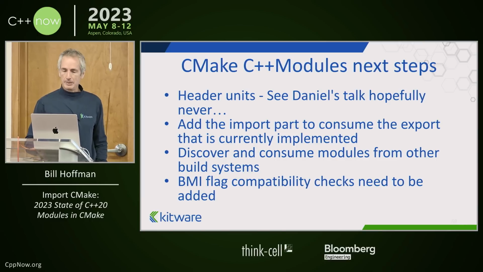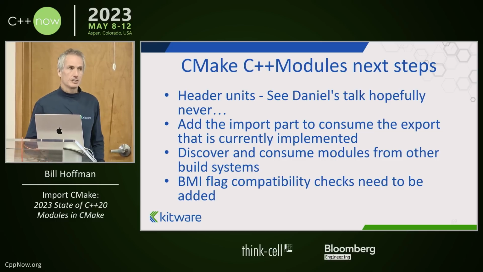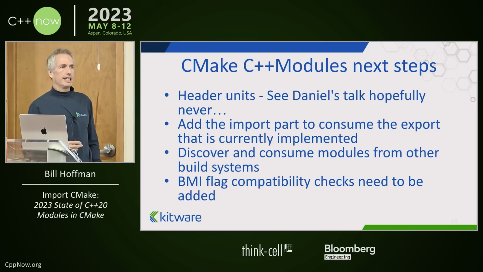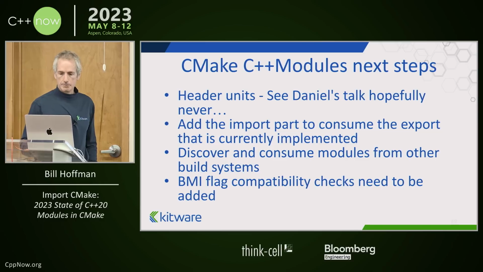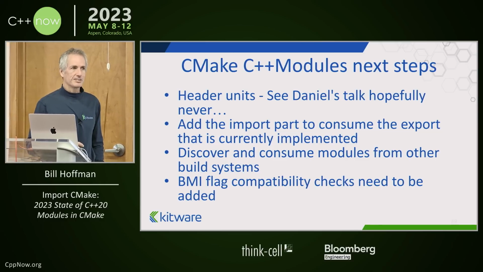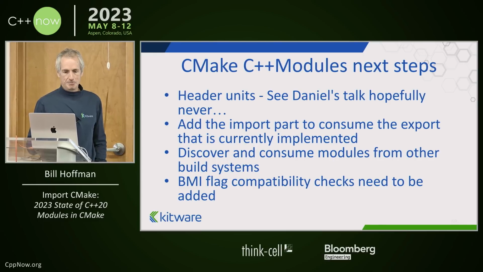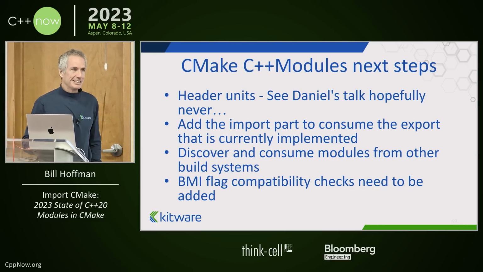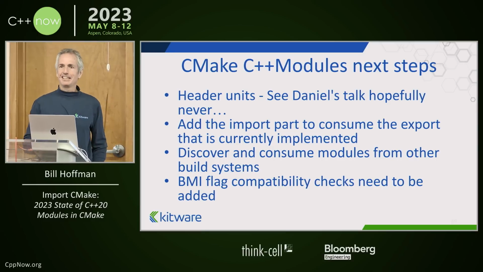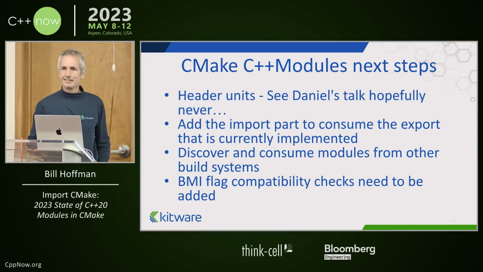And then we need to add BMI compatibility checks, and we need to do some research on what that means and actually do some experiments. Mostly they've just been thought experiments so far. But again, it's probably going to require help from the compiler. One crazy idea I had was, maybe try to give a BMI to a compiler and see if it squawks, and if it does, then you have to do the import.